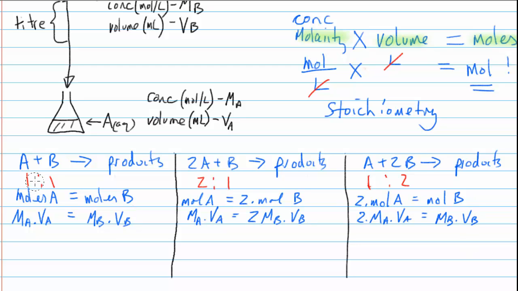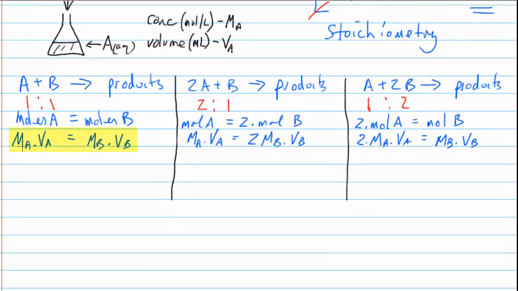And so we can see the stoichiometry of the reaction, which tells us the relative numbers of moles of A and B that are reacting, allows us then to come up with the equation here, which relates moles of each species to the molarity and the volume of the solution of that species. And remember, in any titration problem, we will always know 3 of these 4 values: MA, VA, MB, VB.